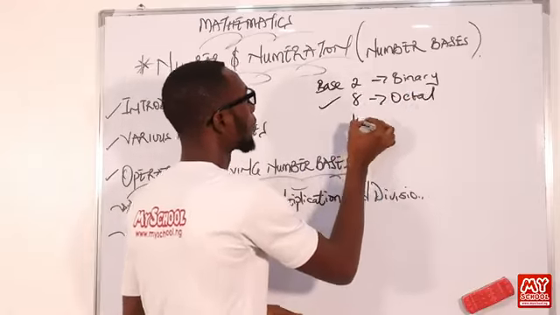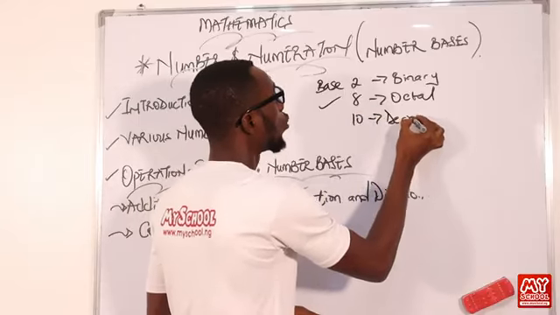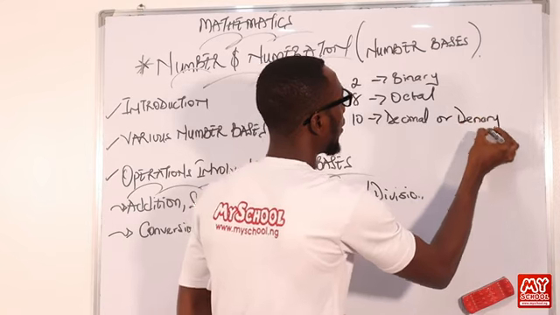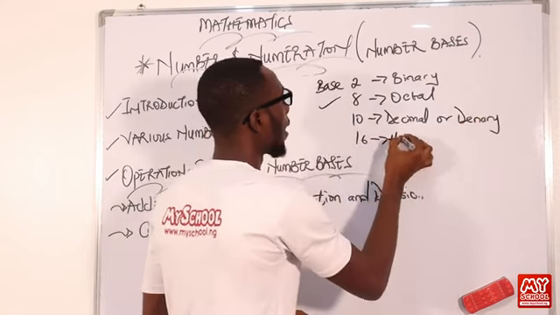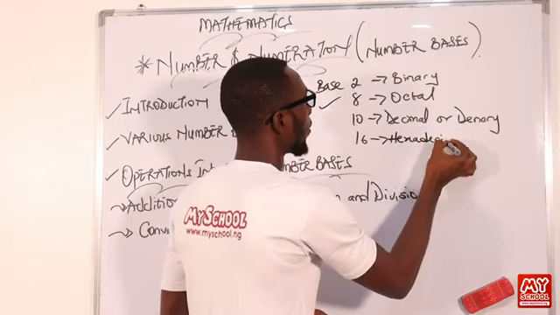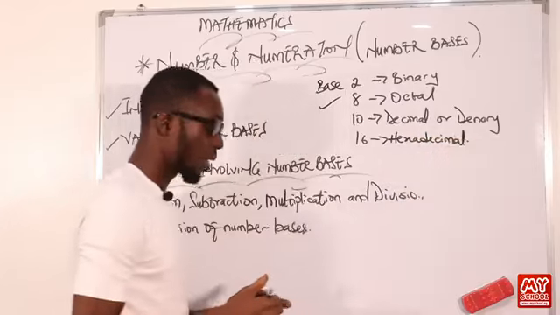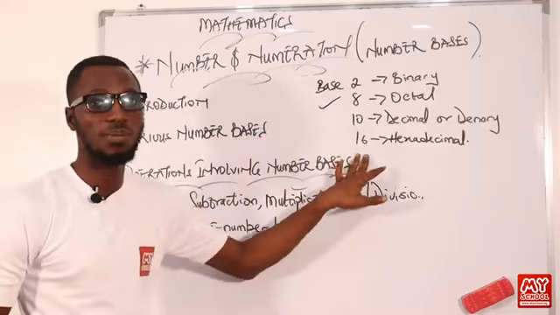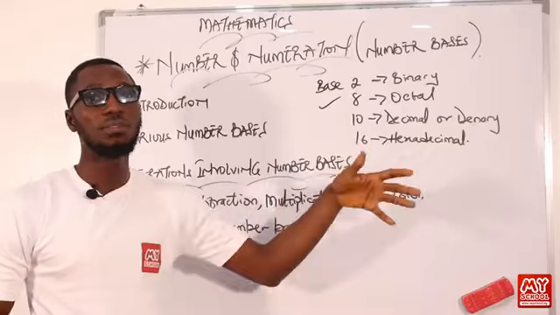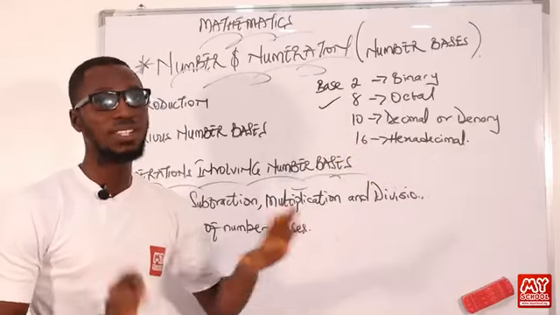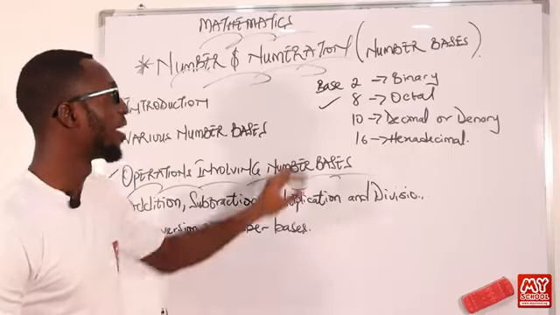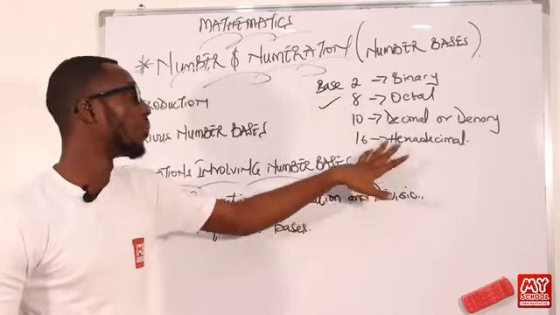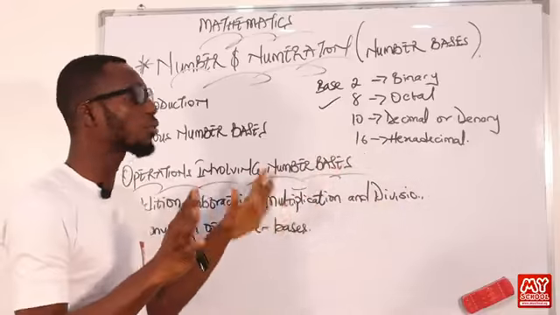Your base 10 is your decimal, or you can call it the denary. Then base 16 is your hexadecimal. We can pull a linkage between base 2, base 8, and base 10, where we look at the 4 bits, the 3 bits, complements, but we're not going there right now. Of course, there are other bases, but these are the important ones.